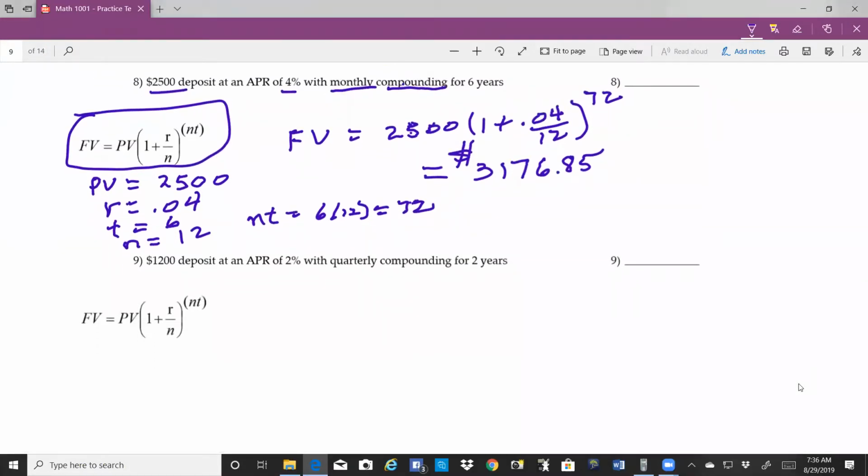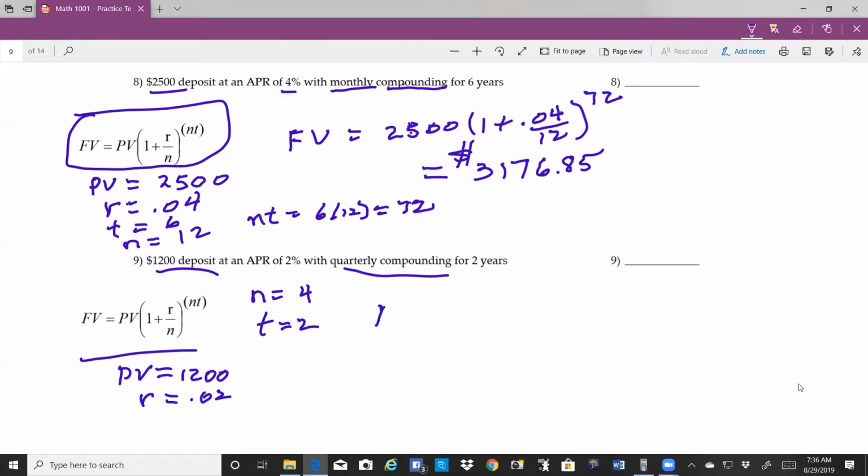Now, number 9, we got a $1,200 deposit. PV is 1,200. The interest rate's quite low, 0.02. Quarterly compound, which means N is equal to 4. And T is 2 years.